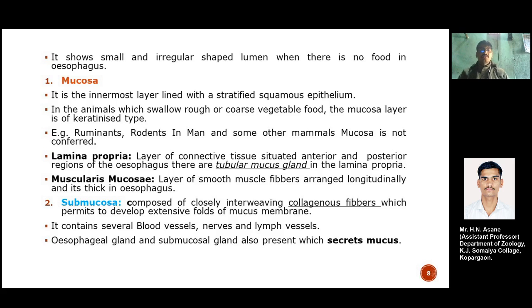Let's start with the first layer of the esophagus. The mucosa is the first layer, from the inner lumen side. We start from the innermost part, the mucosa, which is lined with stratified squamous epithelium.